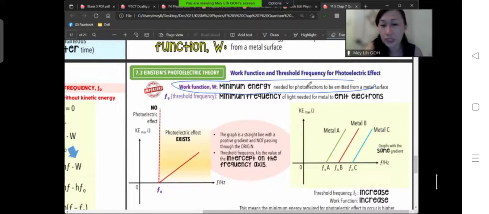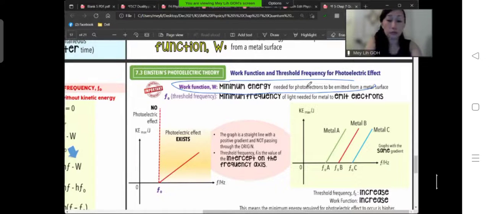Work function is the minimum energy needed for photoelectrons to be emitted from a metal surface. In other words, threshold frequency and work function are quite related. I use my own words again. How many physical quantities or parameters are we looking at now?